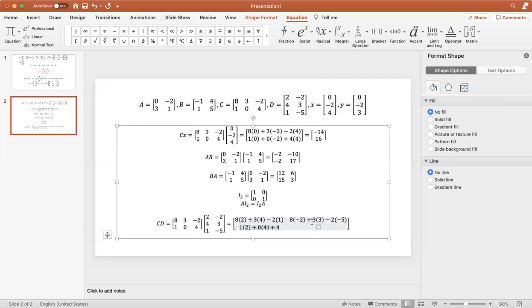And lastly, you have 1 times negative 2 plus 0 times 3 plus 4 times negative 5. So you have a 2 by 2 matrix.